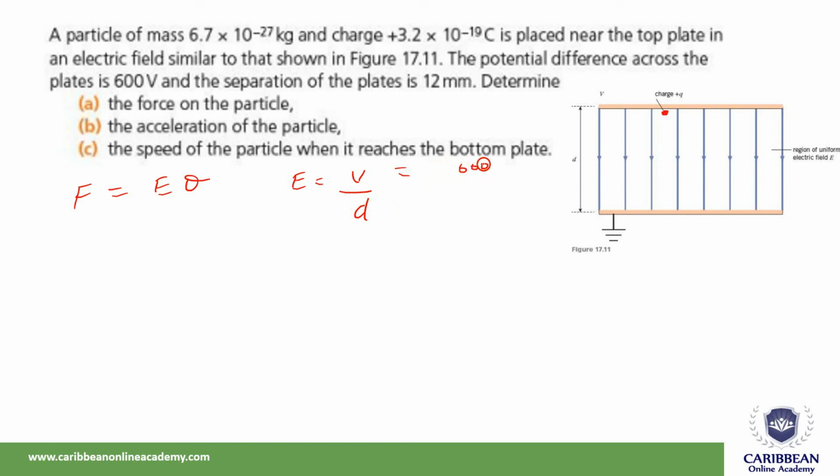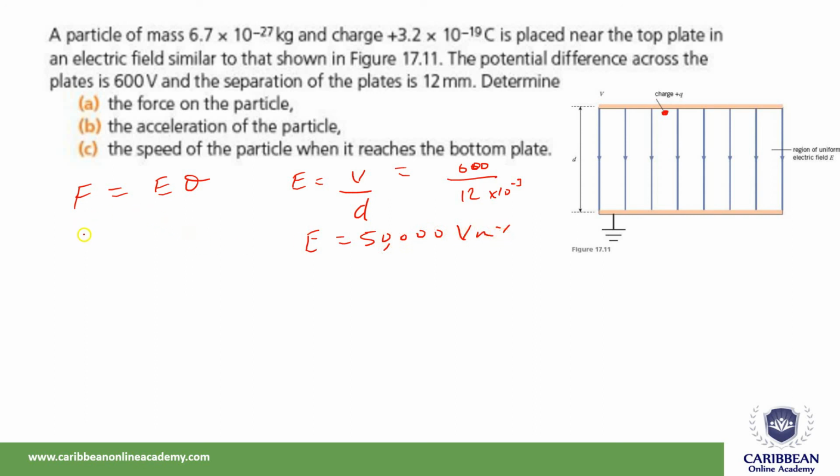Because V is 600 from the question, dividing that by the distance of separation, which is 12 millimeters, 12 times 10 to the minus 3, we get an electric field value of 600 divided by 12 e to the minus 3, so we have an electric field of 50,000 volts per meter.